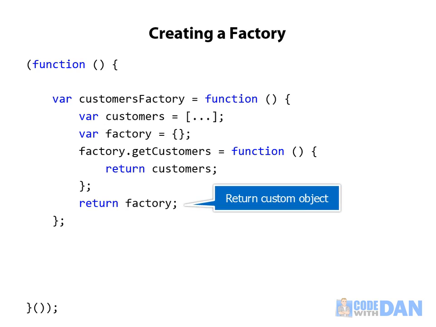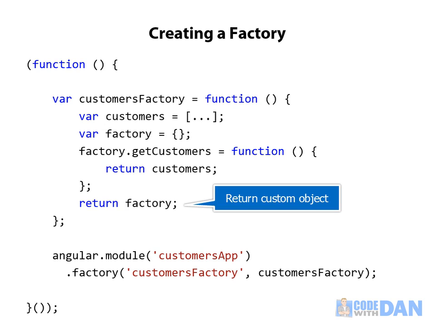So we are going to return a custom object, but we need a way that Angular knows about this custom object. So the way we do that is we can use angular.module, get to our module, and then do the .factory, and then give it the name. Now, I normally like to match up the name with the name I give up here, although it really doesn't matter, but you'll notice that we're going to pass this function as the second parameter, and this should look pretty familiar because this is what we did with controllers a little bit earlier in the course.